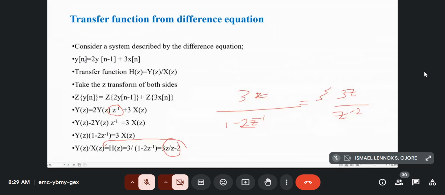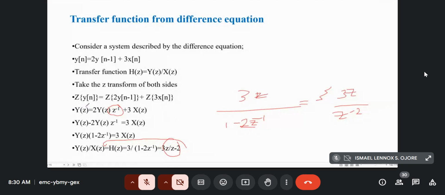So you have y of n is equal to 2y of n minus 1 plus 3x of n. So the transfer function is just H of z is Y of z over X of z. You take the z transform of both sides.